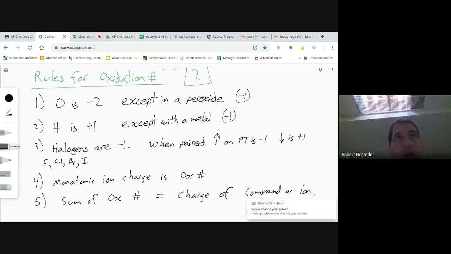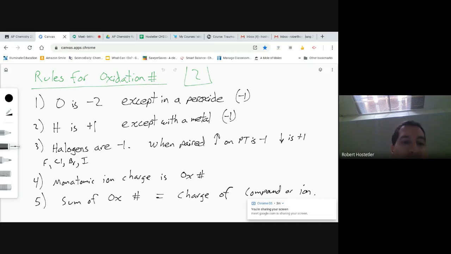Okay, so if we want to figure out if it changes, we have to know how to assign oxidation number. On the sheet that I put in the stream and the one that I posted in Classroom, you have this summary to help you remember each rule for assigning oxidation number.